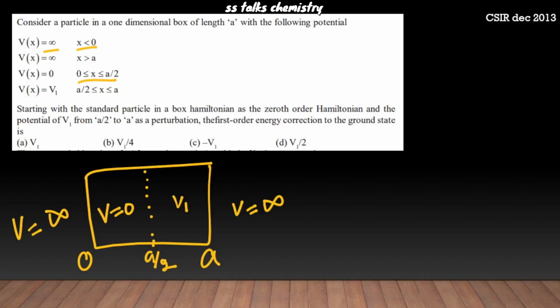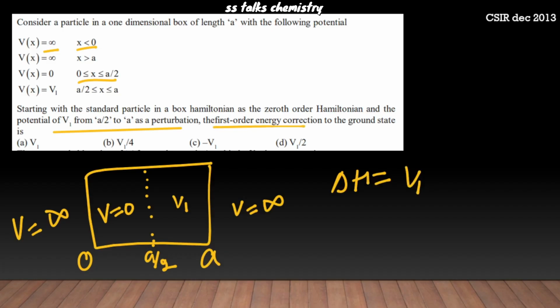Okay, so we start with the standard particle in a box model as the zeroth order Hamiltonian, and the potential V1 from A by 2 to A as the perturbation. So the perturbation we are applying, delta H, is V1 over here, and we have to find the first order energy correction.